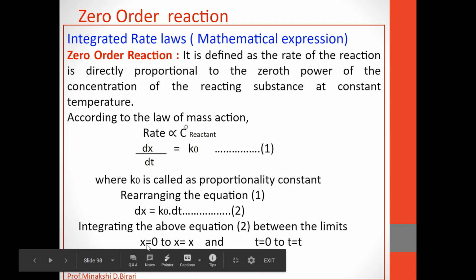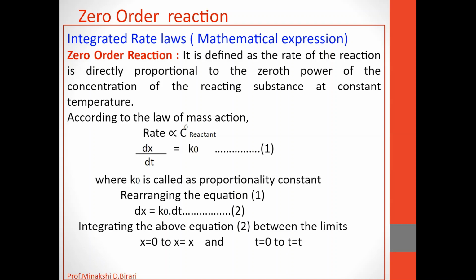Here x equal to 0 is the lower limit, x equal to x is the upper limit, t equal to 0 is the lower limit and t equal to t is the upper limit. So we integrate equation 2 between these limits.